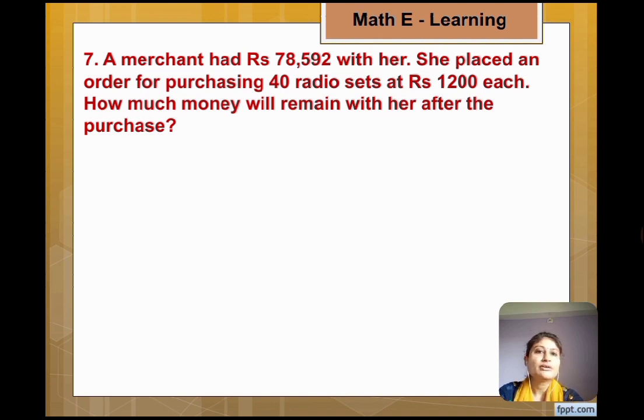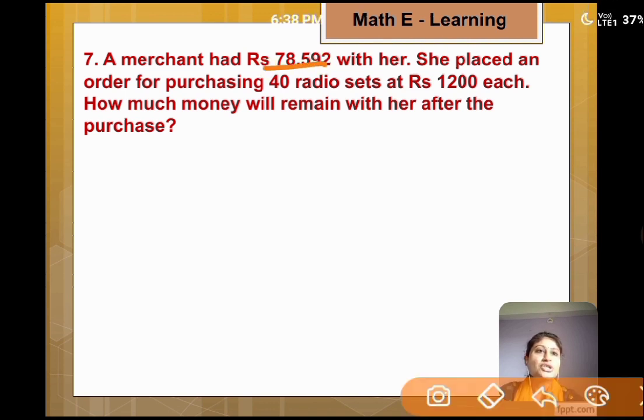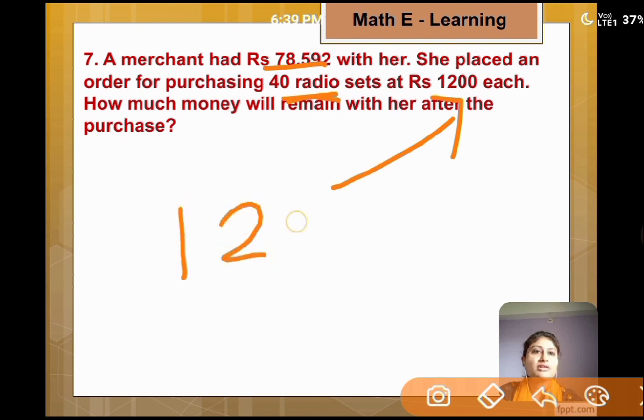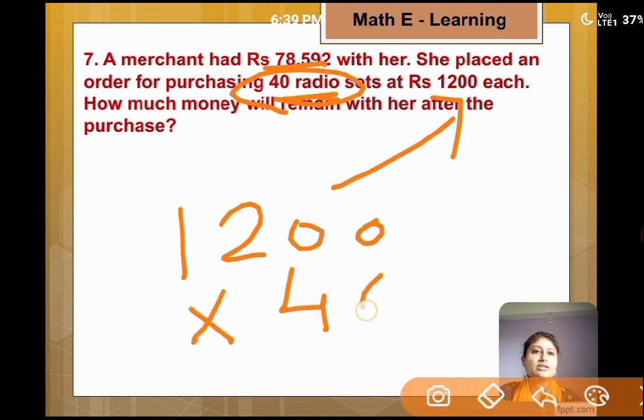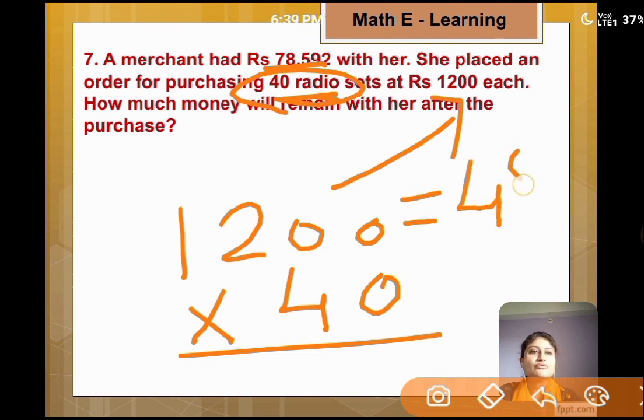So here, first of all, merchant has this much amount and she placed an order of 40 radio sets. Now the cost of one radio is 1,200. So what is the cost of 40 radio sets? For that we do multiplication of both these, and by doing multiplication we get 48,000.